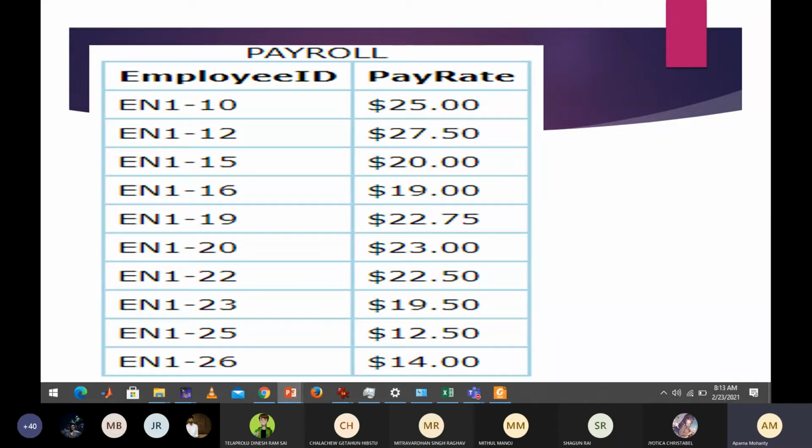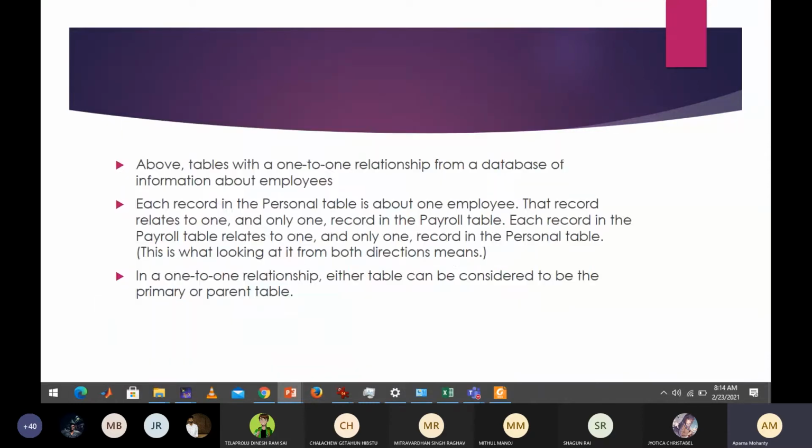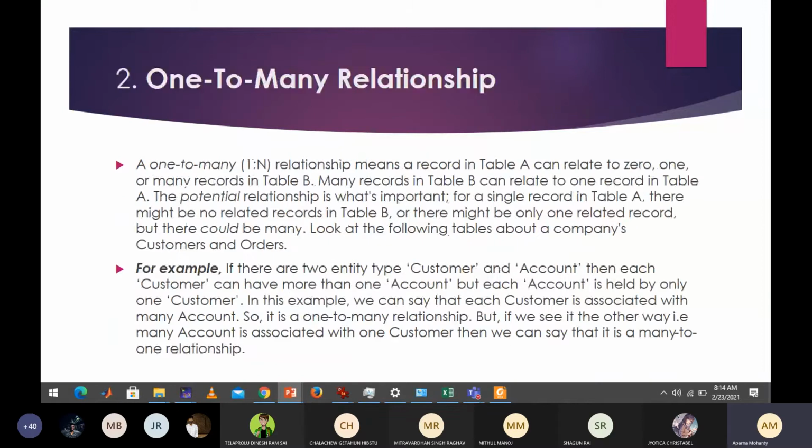Obviously I can merge both if the registration number is common between both. That is called a one-to-one relationship because for each student the registration number is unique, it cannot be duplicate, and for each entity or attribute there is a corresponding attribute.